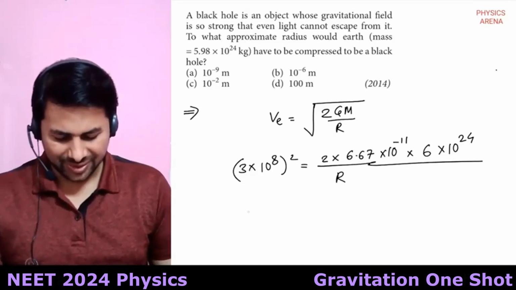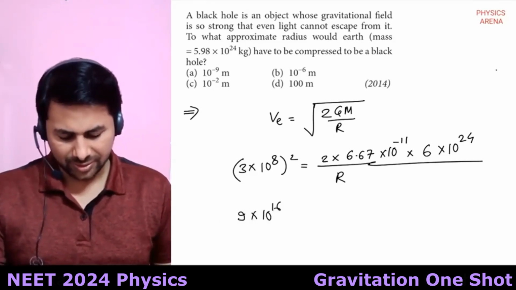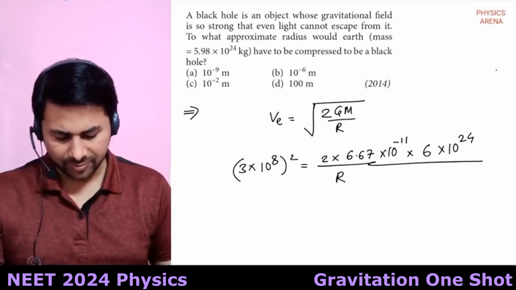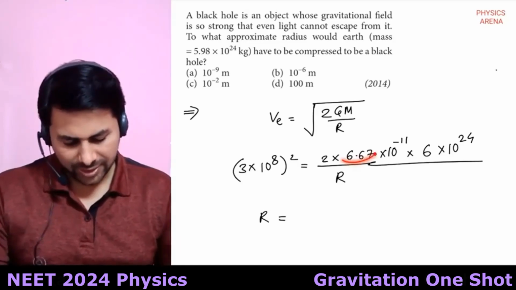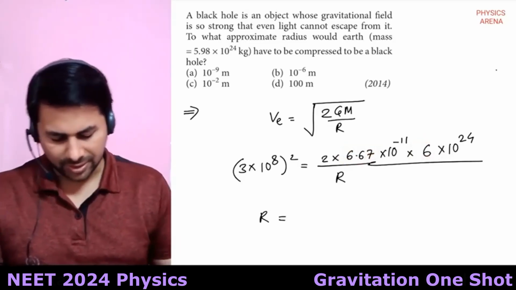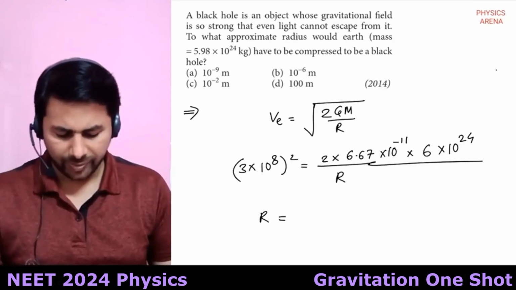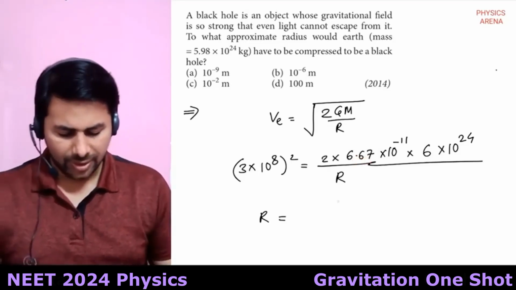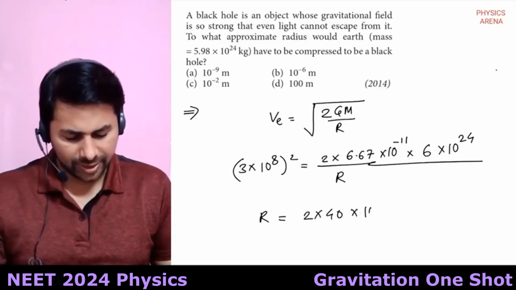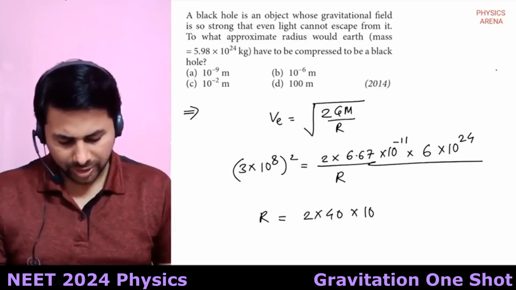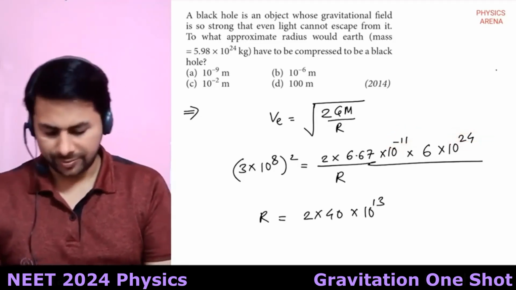All right. Then this is 9 into 10 raised to 16. Let's move R to that side. You have R equal to, this is 6 square, I will take 46, almost. More than that, you can take 40 because this is 6.67. So round figure, it is 2 times 40 into 10 raised to 13, that is 24 minus 11.